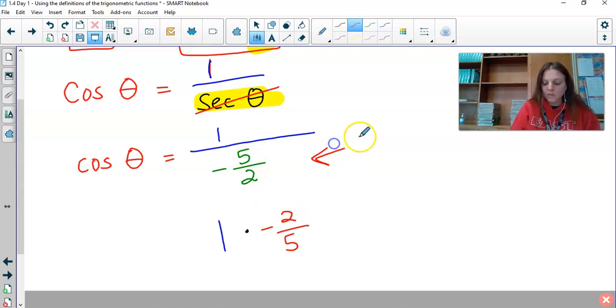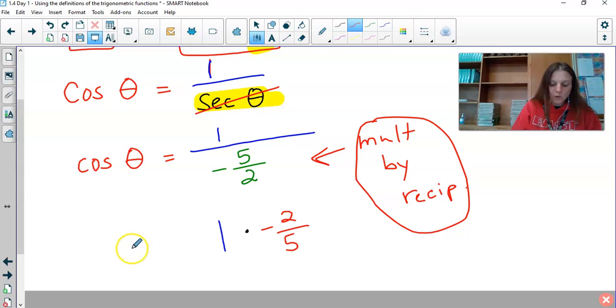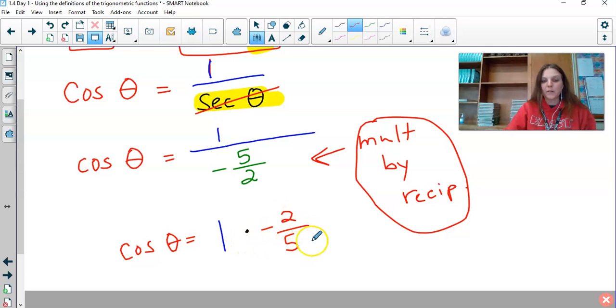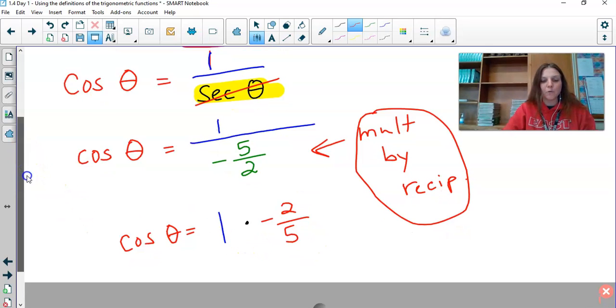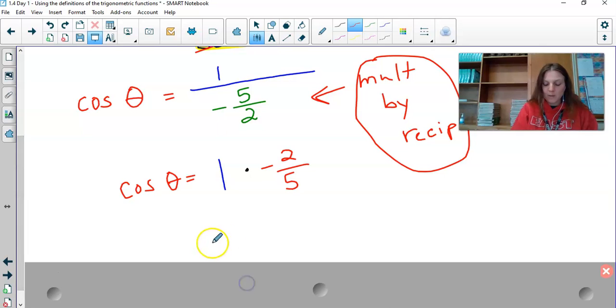Again, this is multiply by reciprocal. Let's go ahead and do that. This is going to give us the cosine of theta. 1 times -2/5 is just going to be -2/5. So our cosine theta equals -2/5.